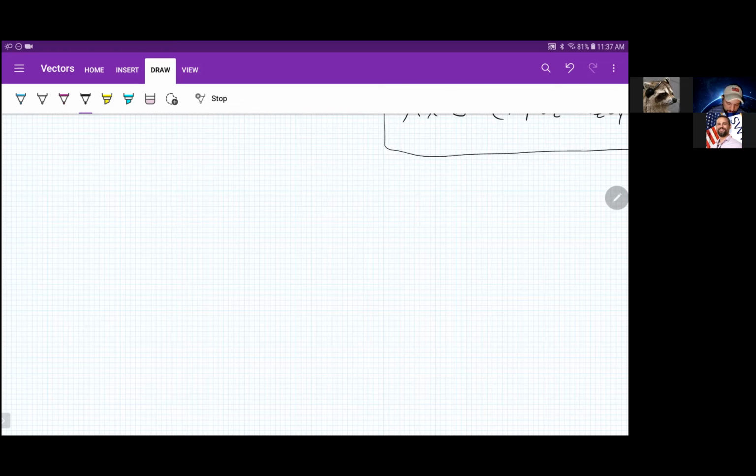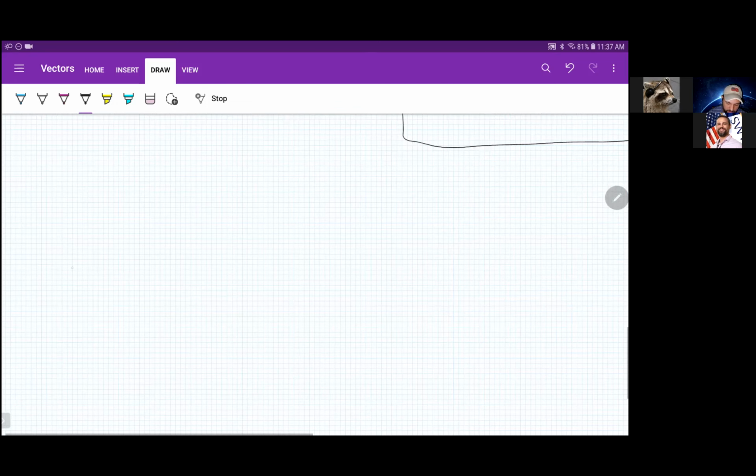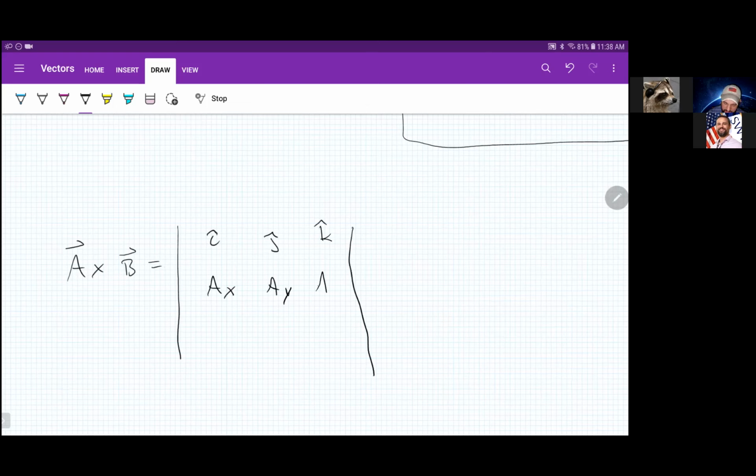All right, so the second way to do this is the same setup at the beginning. IJK, this is AX AY AZ, this is BX BY BZ. And then I'm going to write an extra 2 columns on the right outside of the determinant.